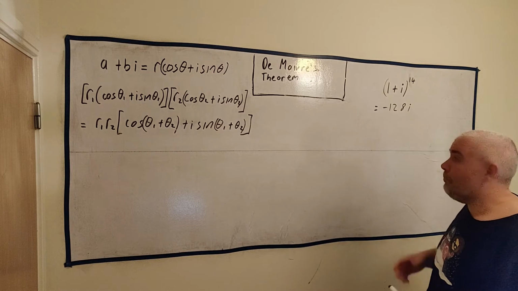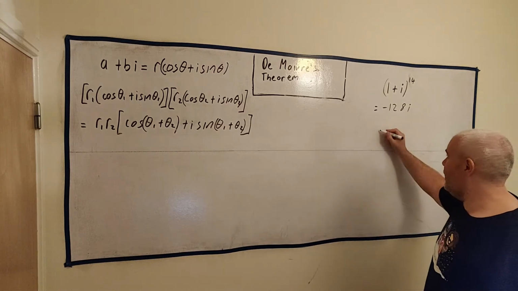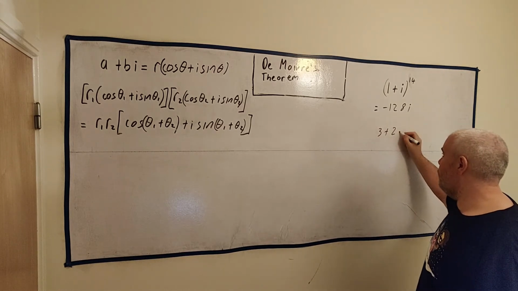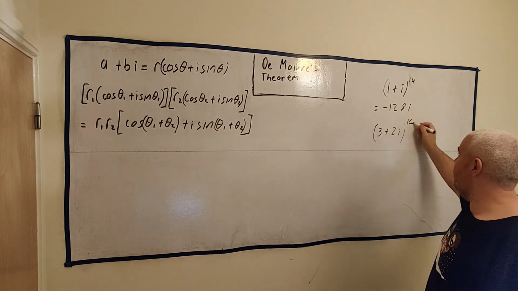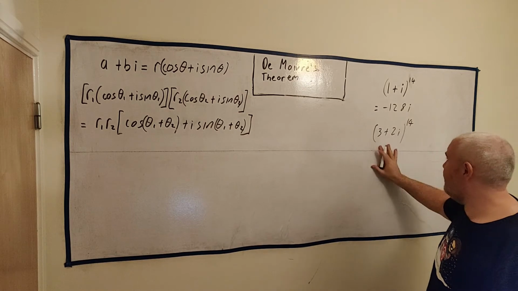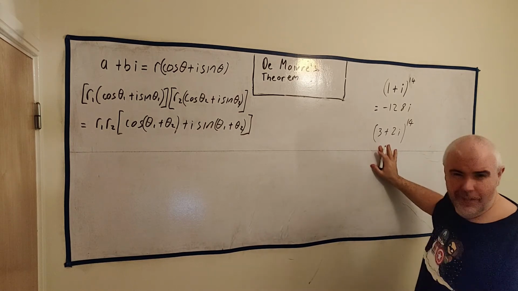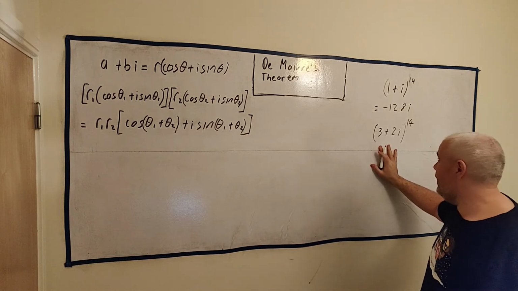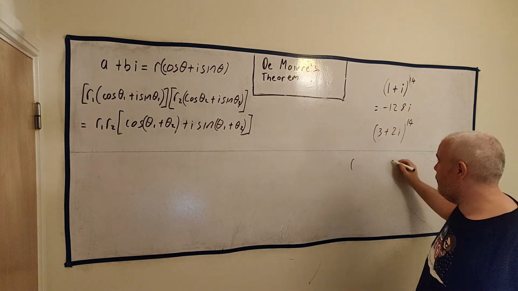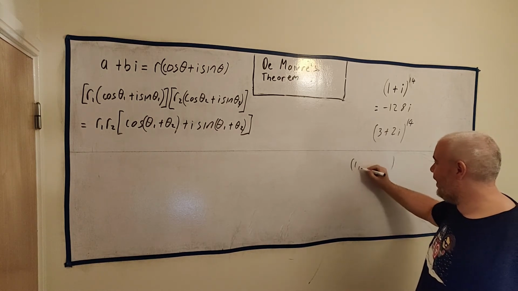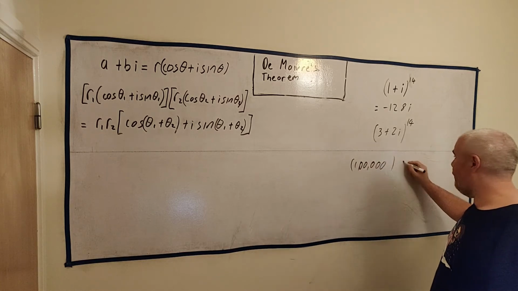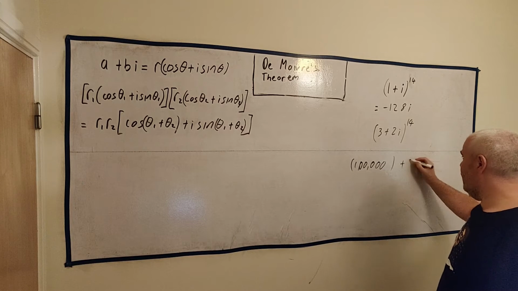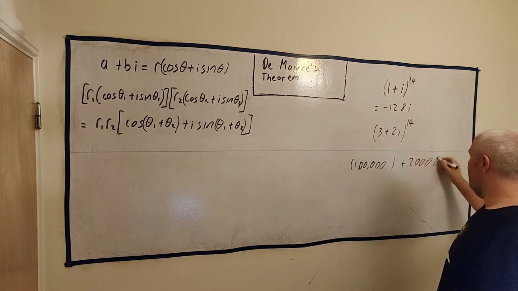So it's quite a neat looking expansion actually. But a more random number, like let's say 3 + 2i, that would give us a much weirder answer if we got that to the power of 14. I don't know what it is, but I'm guessing, just trying to do it quickly in my head, it'll be something like 100,000, a number that big, or bigger, I really have no idea, plus another number, let's say 200,000.